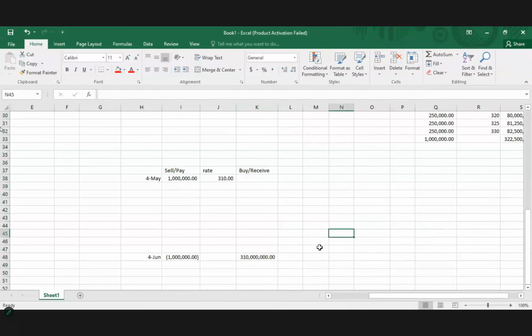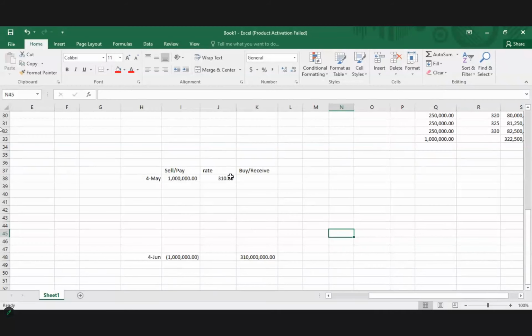Okay. So this is the transaction. Now, settlement risk, because on the 4th of June, when I send my $1 million, I don't get my 310, right? Now, in a pre-settlement risk situation, it's slightly different.